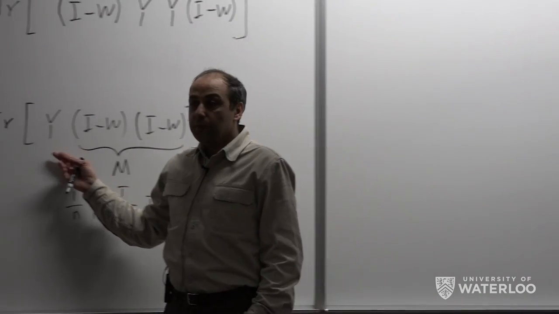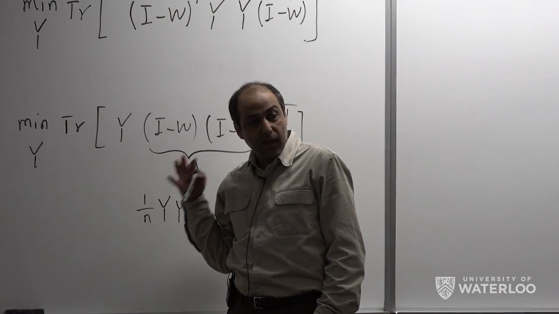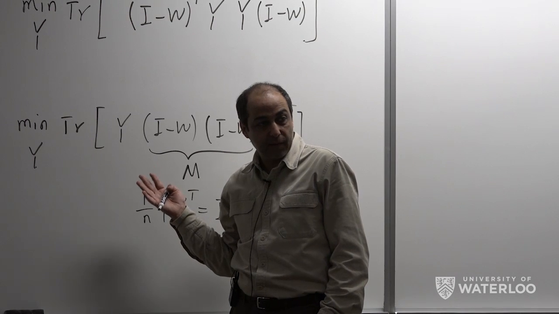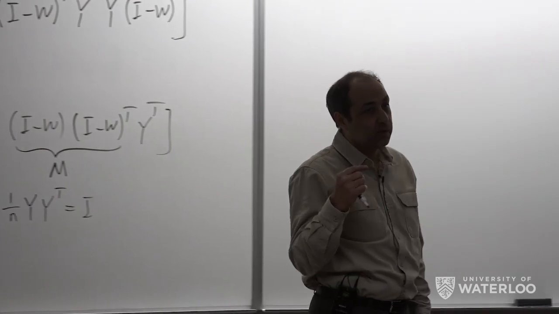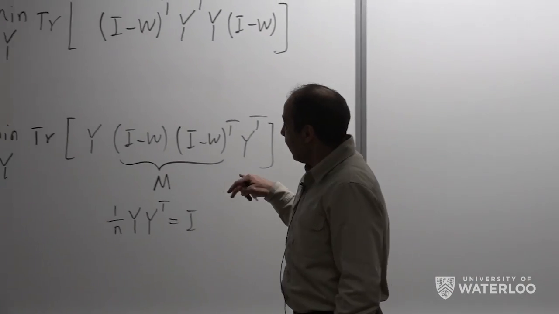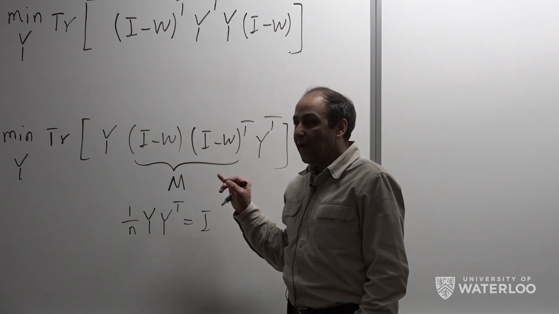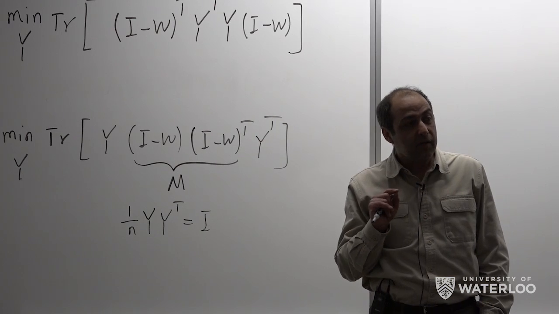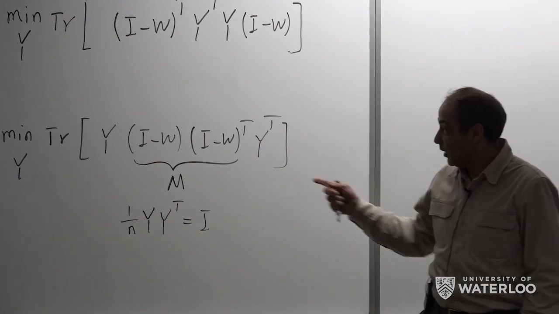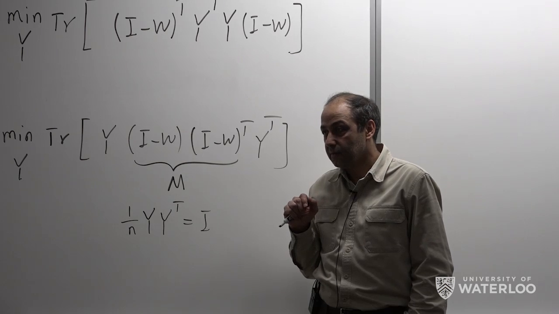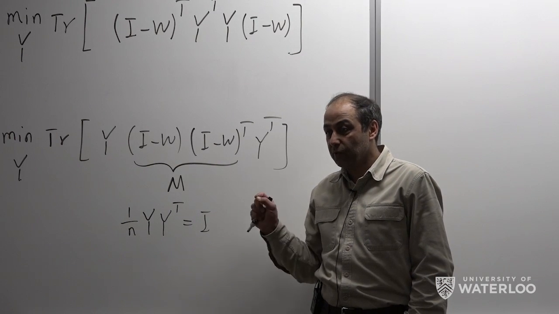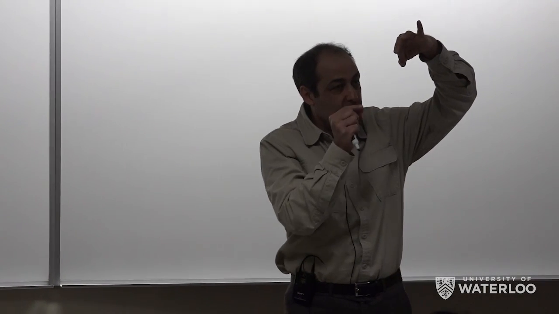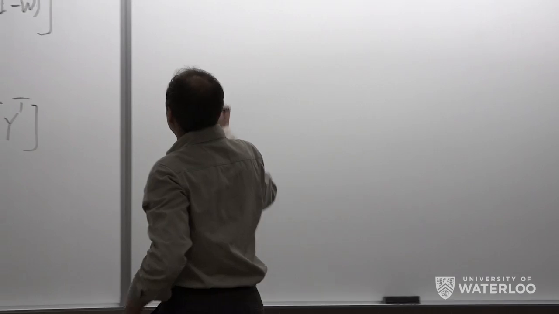So I want Y to be p-dimensional. So how many eigenvectors should I pick? P, right? It seems that I need to pick the bottom p eigenvectors. But in fact, you need to take p plus 1 eigenvectors, because the first eigenvalue of this matrix is always 0.